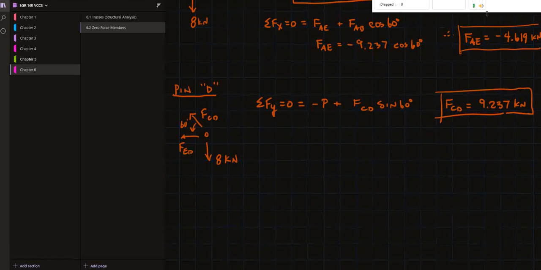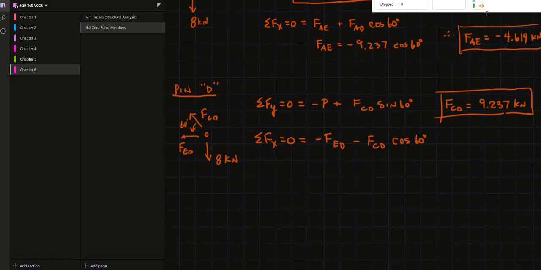And if I sum forces in the x on this pin, equals minus F_ED, not F_CD. Oops. So these are both pointing in the negative direction, minus F_CD cosine 60 degrees.